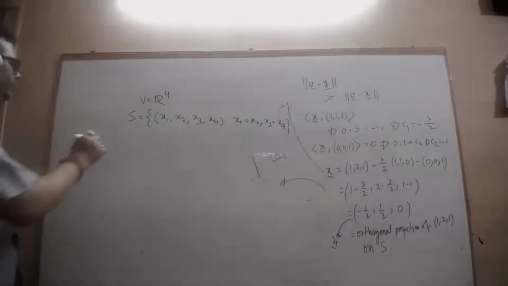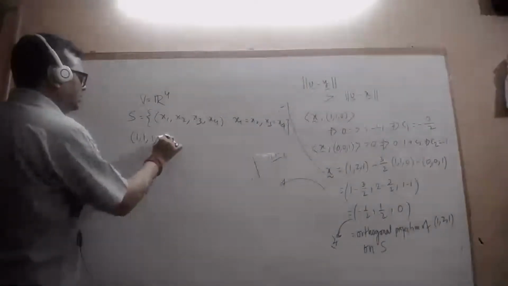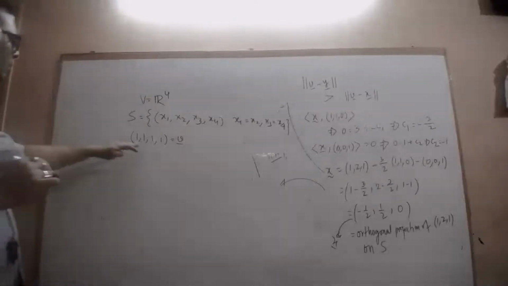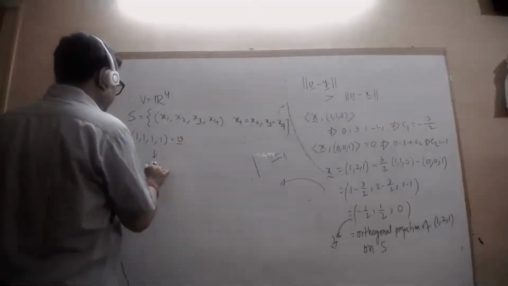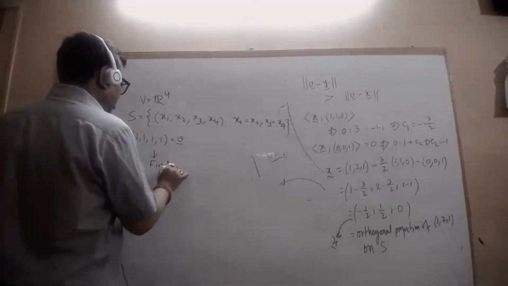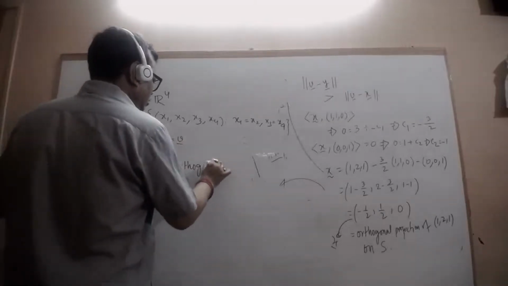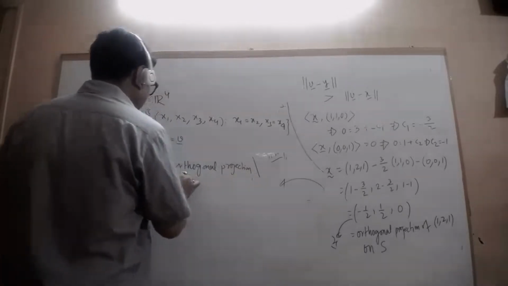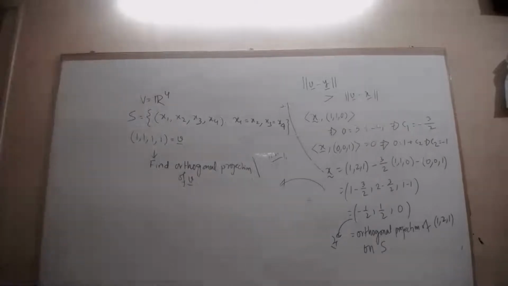So take V equal to this. Okay. Take V equal to this. Then find orthogonal projection of V curve, and it should be unique. Orthogonal projection should be unique.